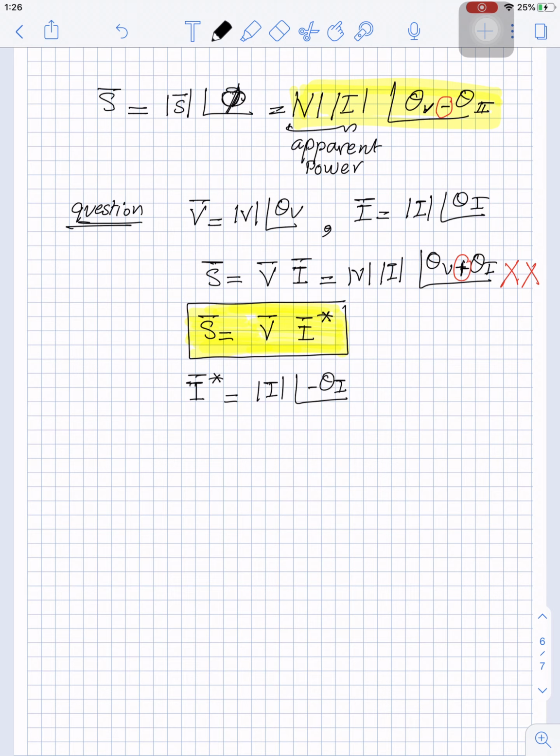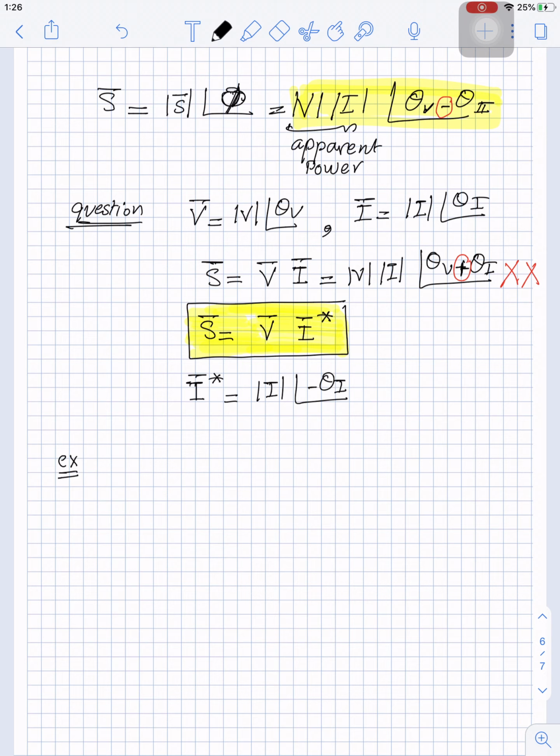So S vector, or the complex power, equals V I conjugate in vector form, or in phasor form.